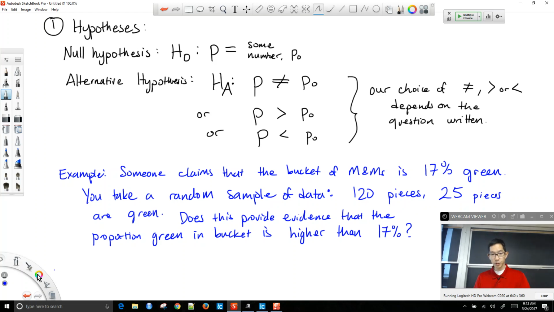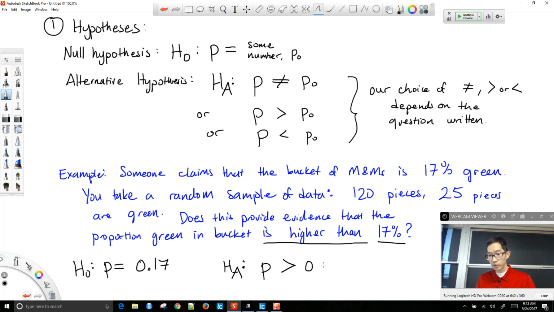In this case, the question is asking, does this provide evidence that the proportion that is green is higher than 17%? Because of this, our null hypothesis will be that P is equal to 17%, and the alternative will be that P is greater than 17%.